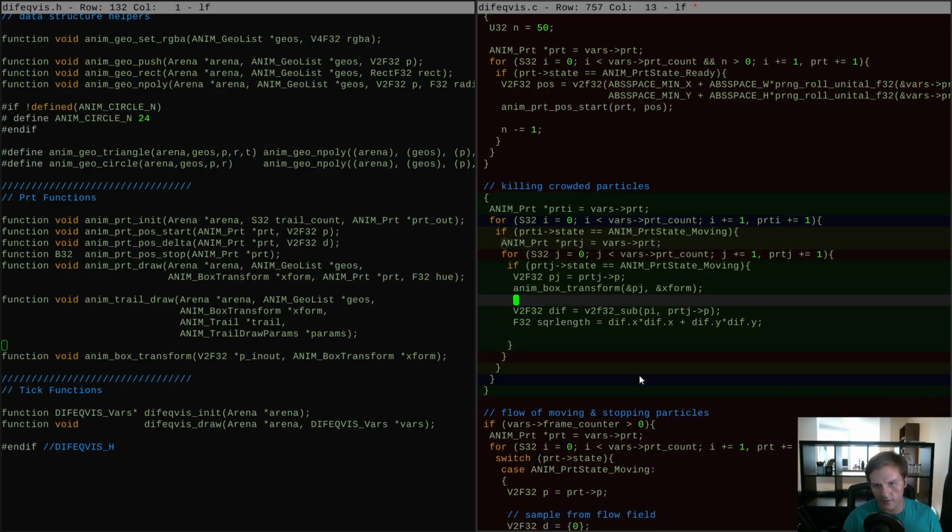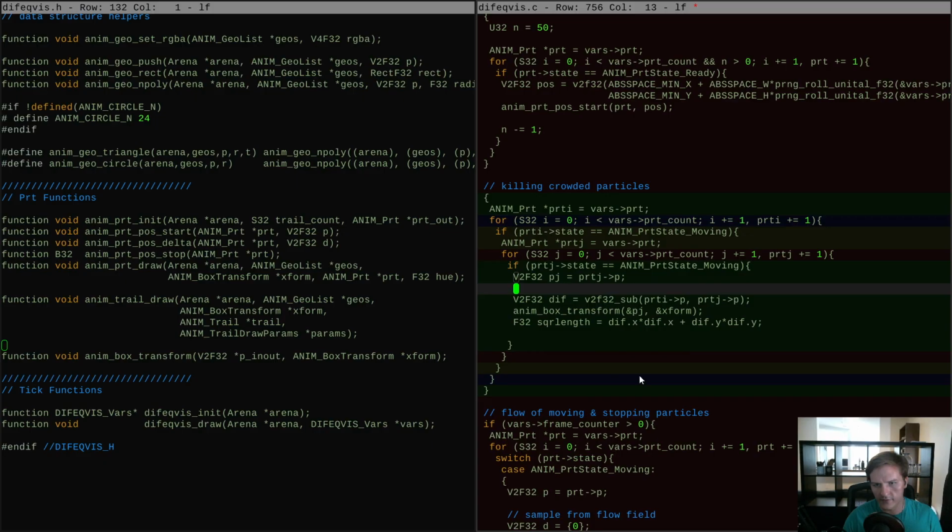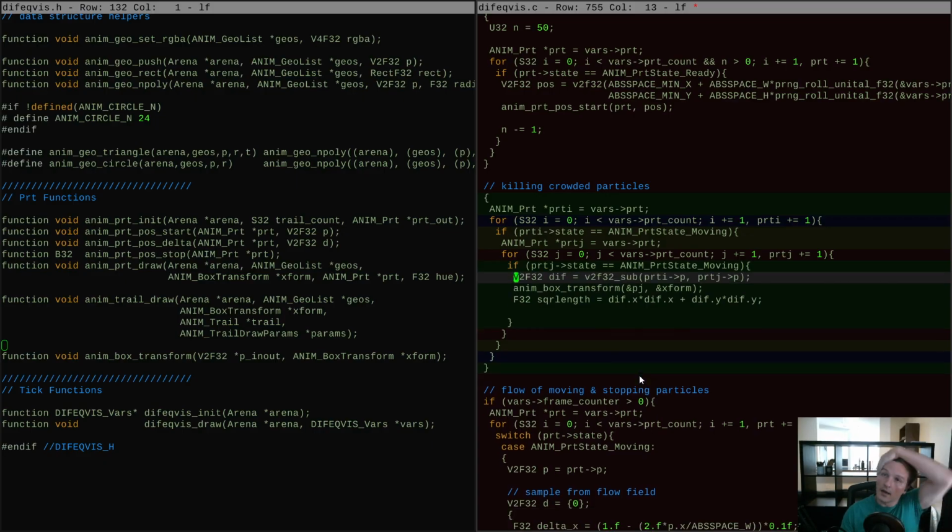I think it'd be easier to just do P R T I, P R T J diff and then transform the diff, right? That should be the same thing, because we're getting a vector in the original space and then applying the box transform to it. We don't want to try to apply the whole box transform, do we?